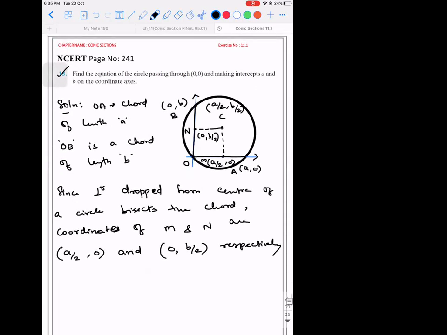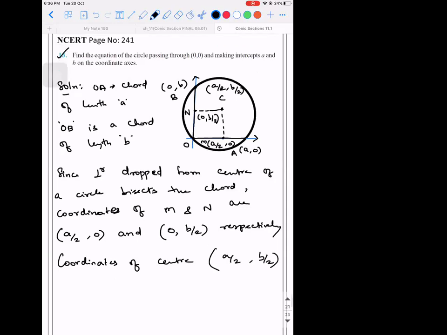Right. So from this we can find the coordinates of the center, which is a by 2 comma b by 2.